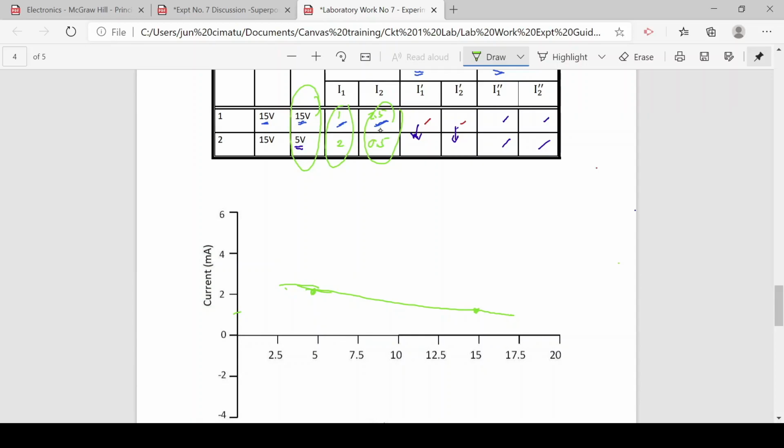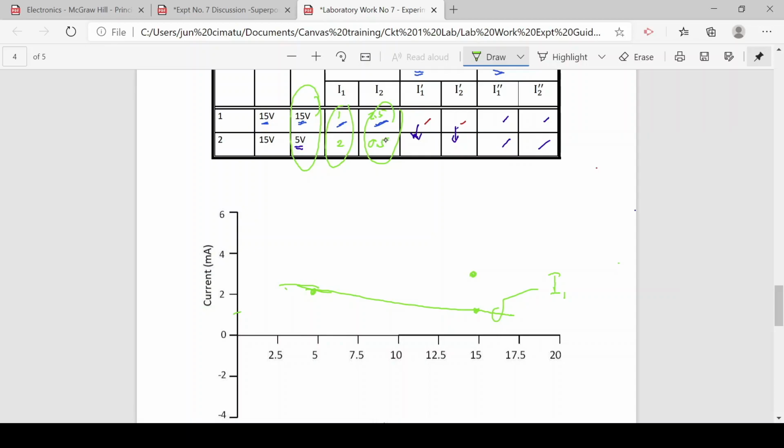However, what will happen with I2, which is at the branch of E2? At 15 volts, the current would be a little bit high because the resistance at that side is low.